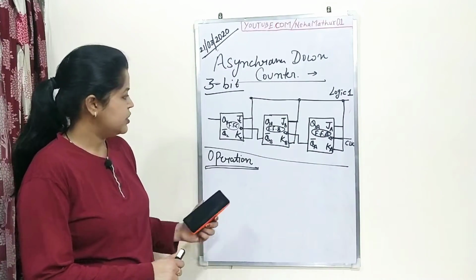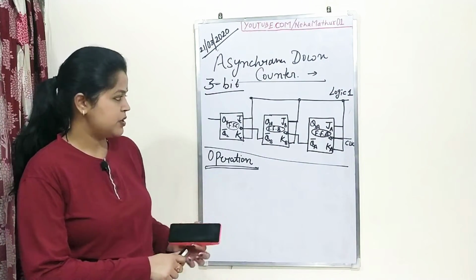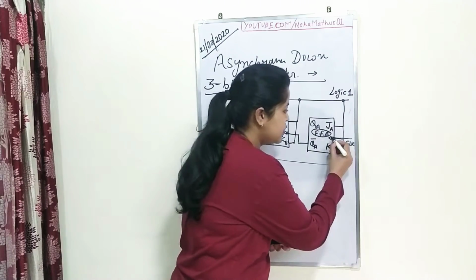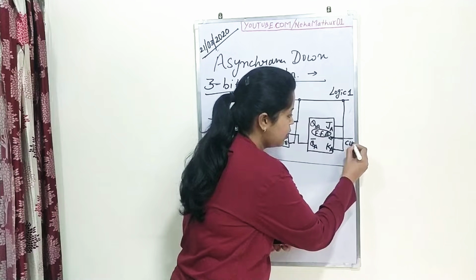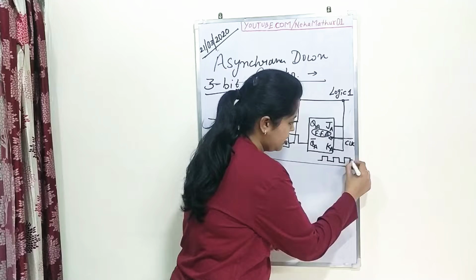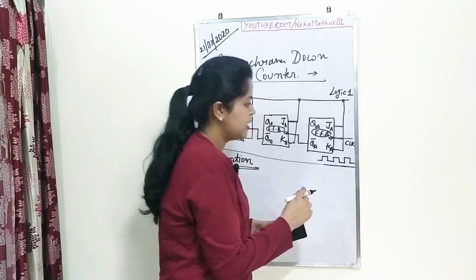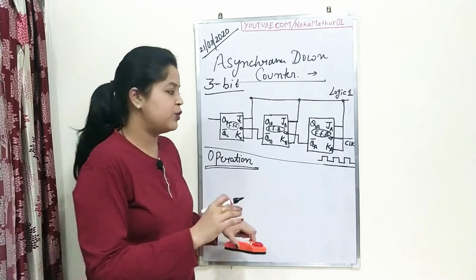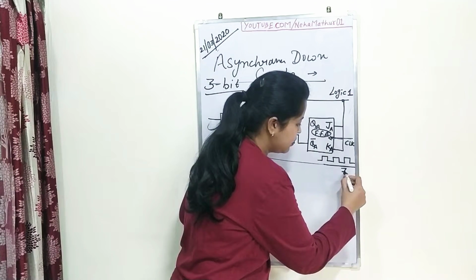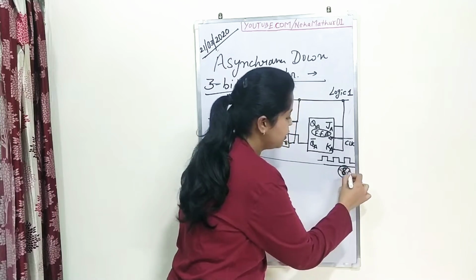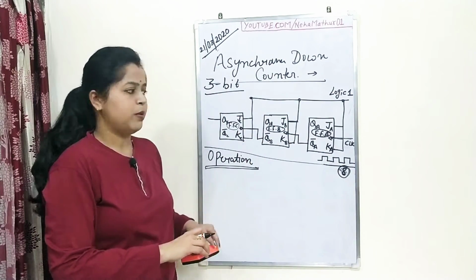Before starting the operation, since the operation will start with each individual clock pulse, which is represented like this, this is the clock. Since we are going to design a 3-bit counter, that means we'll have to take 8 clock pulses for the successful completion of this operation.